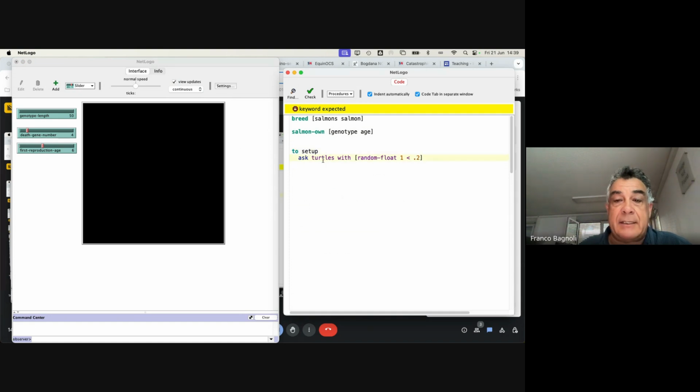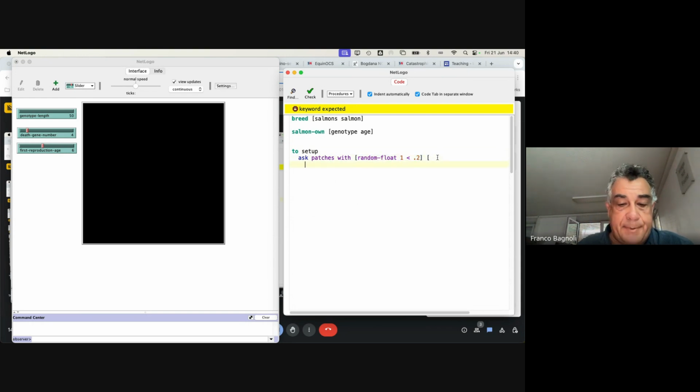No, these are not turtles, these are patches. I want to select. So patches is the set of all patches. The patches are pieces of field here. I ask all of them to compute this, and only those that return true survive, so are selected. So certainly 20% of them will be activated.